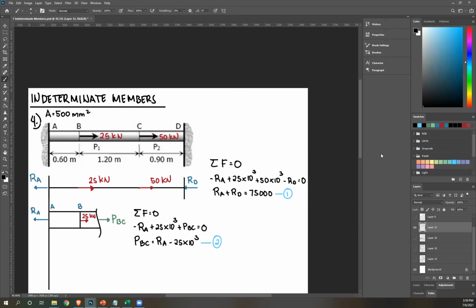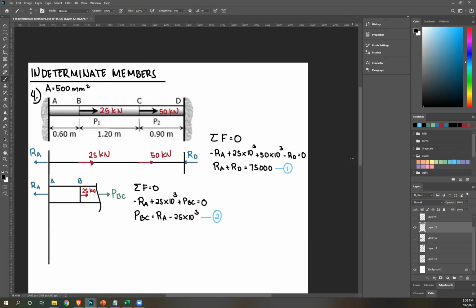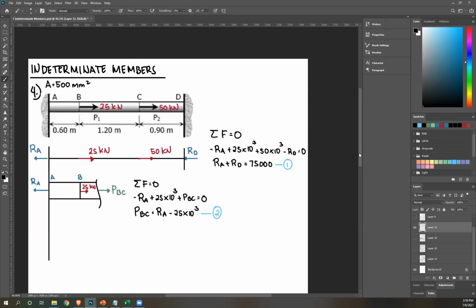Great, so now you have your set of equations. Next step now is to actually get your compatibility equation. So how? So let's do this, right? Now in actual, your bar is not able to stretch, right? Because it's between fixed supports. The presence of these two things prevents it from compressing or stretching.